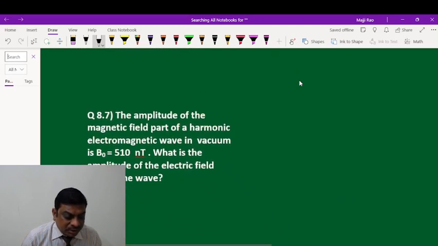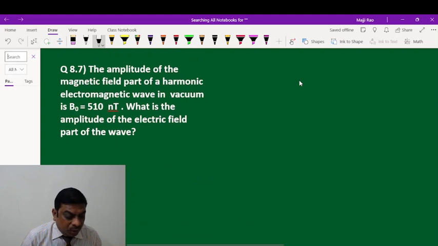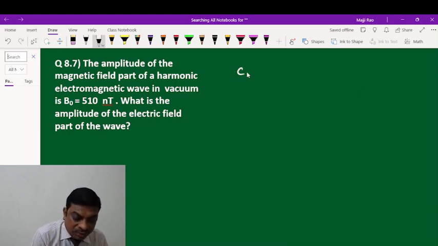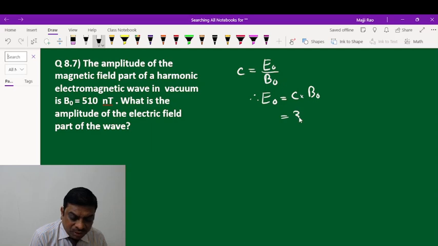Then next question. The amplitude of the magnetic field part of a harmonic electromagnetic wave in vacuum is this much. What is the amplitude of the electric field part? We know, students, always remember c is equal to E naught by B naught. So based on that, you can write the electric field amplitude is c into B naught. c is 3 into 10 power 8 meters per second, and B naught is 510 nanotesla.